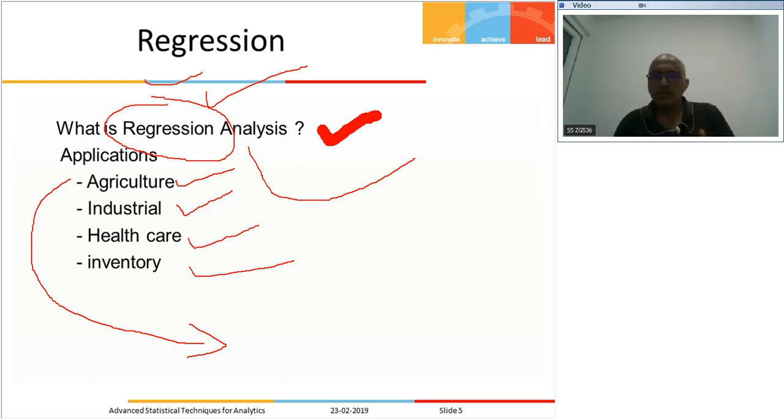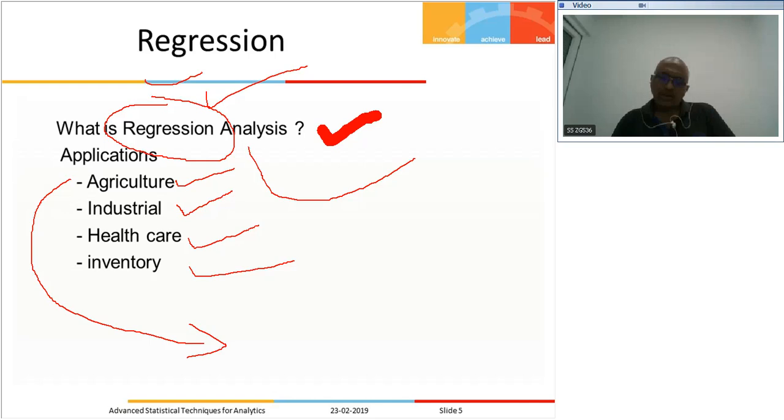Suppose farmers, or we, have an assumption that if you use more fertilizers, then the crop yield increases. Then how to validate this? That means we want to find out whether these 2 have any relation or not.